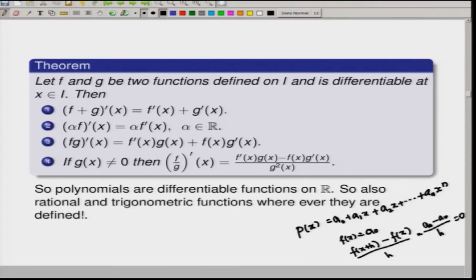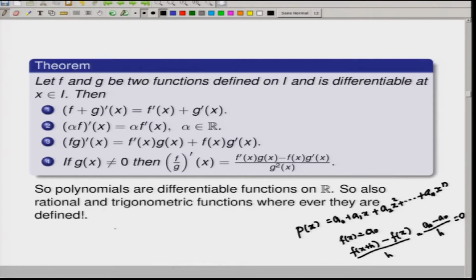So, for any h not equal to 0 this is 0, therefore the limit as h goes to 0 is going to be 0. Now, everything is differentiable. So, x to the power n is differentiable, a 2 x square is differentiable, and the scalar a k multiplied by x to the power k is also differentiable. Then the addition is differentiable, therefore every polynomial is differentiable.